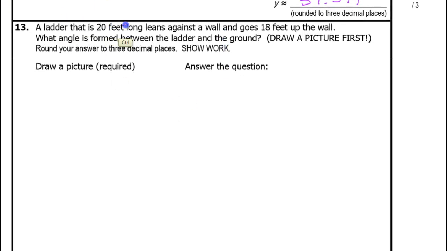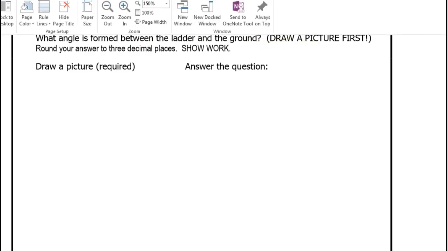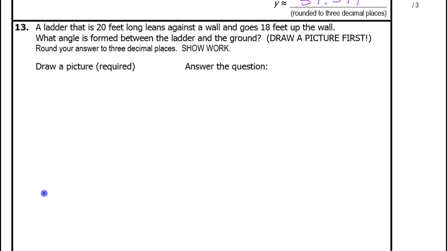Okay, a ladder that is 20 feet long leans against a wall and goes 18 feet up that wall. Okay, so let's see. Here's the ground. Here's a wall. Okay, and here comes the ladder.